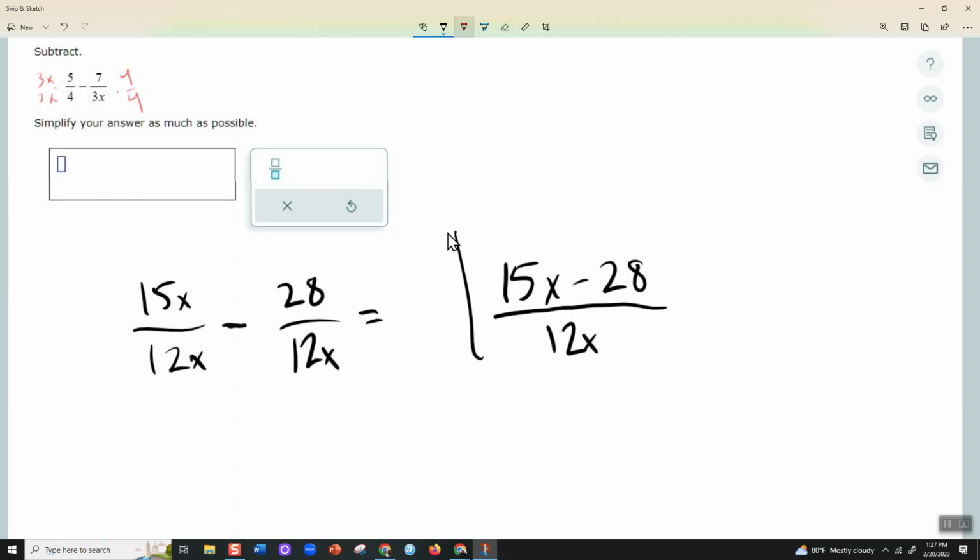It might look like it, but there is not. And remember, I cannot reduce or simplify x over x, because that's only part of the numerator. It has to be a common factor of the entire polynomial. All right, let me know if you guys have any questions.